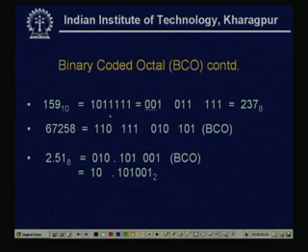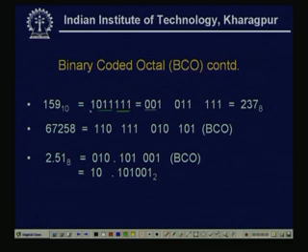We know that I have to take 3 digits together. If I start from the LSB side, from right to left, then this 3 is grouped, this 3 is grouped, and see only 1 1 is left.